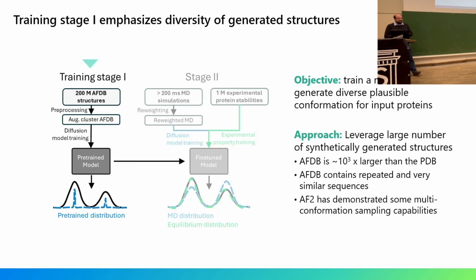It has many advantages compared to standard protein database in that, first of all, it contains more data. It contains repeated entries for sequences and very similar sequences, which is good for us because we can associate different structures to very similar sequences. And there is knowledge that is capable of modeling multi-conformations to a certain extent.